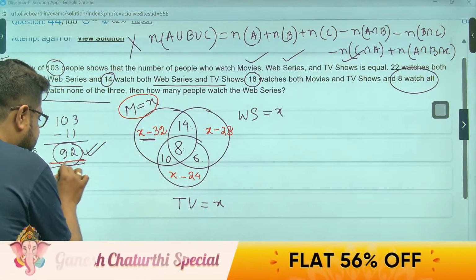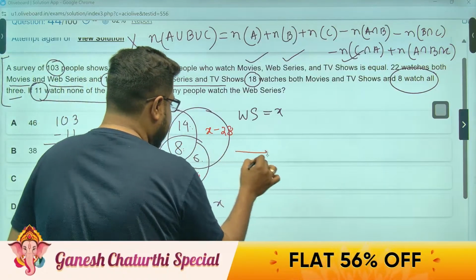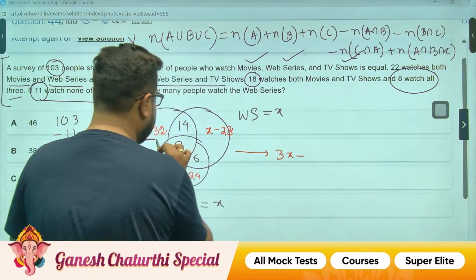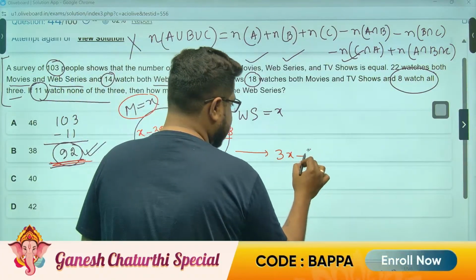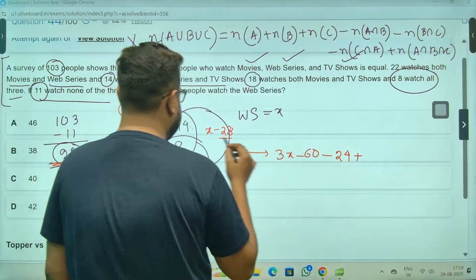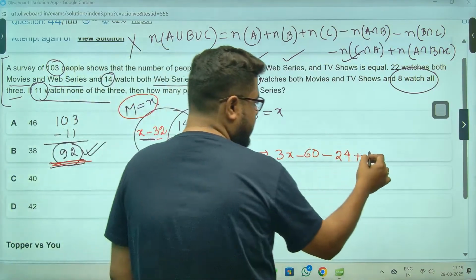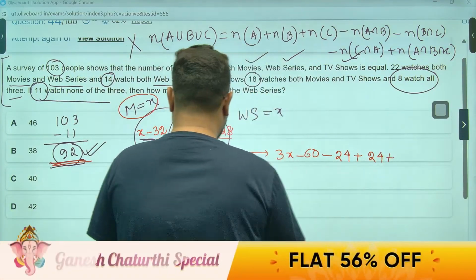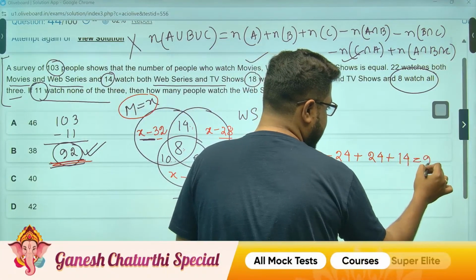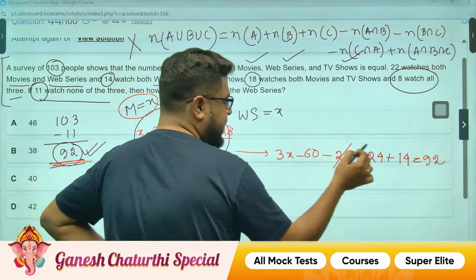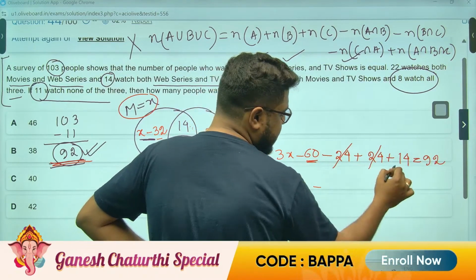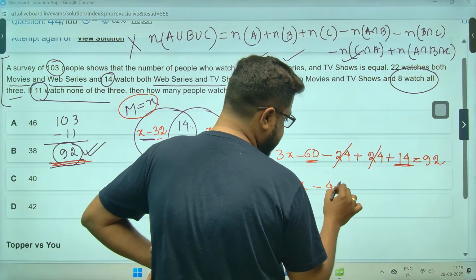Total is 92, sir. So we can say 3x minus 32 and 28, that is 60, minus 24 plus 14 and 10, 24, because I want to cancel, plus 8 and 6 and 14, that must be equal to 92. Cancel whatever you can. So 3x, this is 60, 14, meaning 46, right?